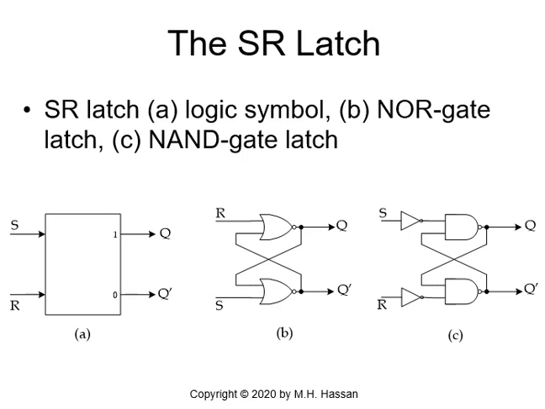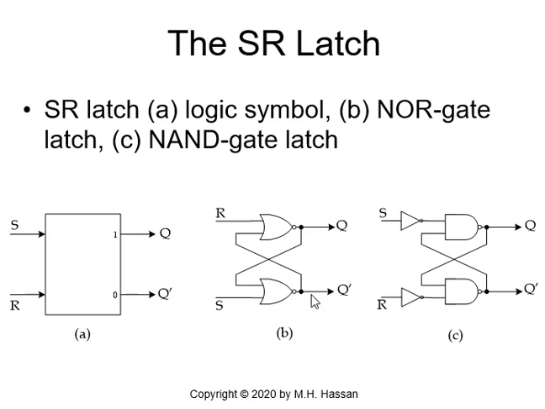If we assume Q to be 0, and we look at the lower node, if Q is 0, Q prime is 1. The lower NOR will be 0 NOR 1, because this is 1. 0 NOR 1 is 0.